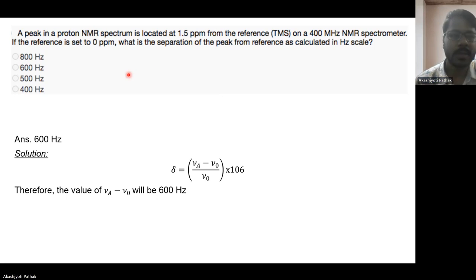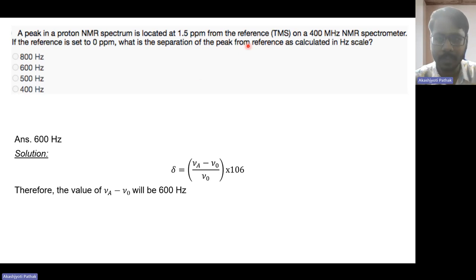So a peak in a proton NMR spectrum is located at 1.5 ppm from the reference. Here the reference compound is TMS. Usually, and in this question also, the chemical shift of the reference compound is taken to be zero. If we take this as zero, then relative to zero there is a peak shift of 1.5 ppm.